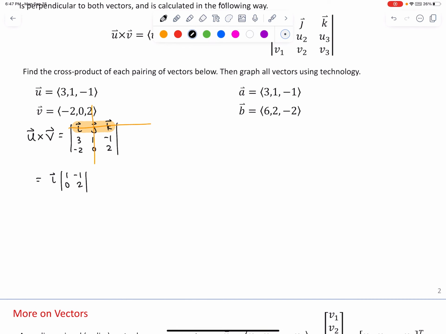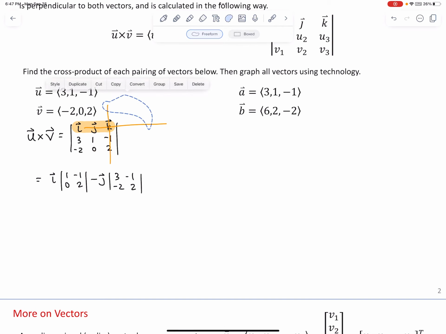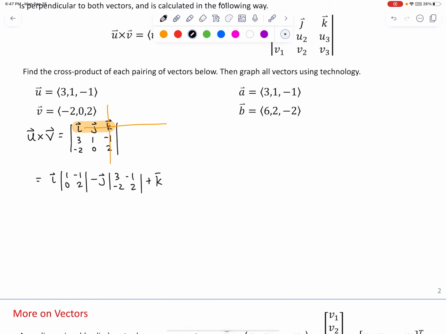This is in the negative position with regards to the matrix of signs. So it'll be minus the j vector times the 2 by 2 submatrix 3, negative 1, negative 2, 2. And then finally, we move our targeting to the k. And this is back into a positive position. So we do positive k vector times the 2 by 2 submatrix not crossed out.